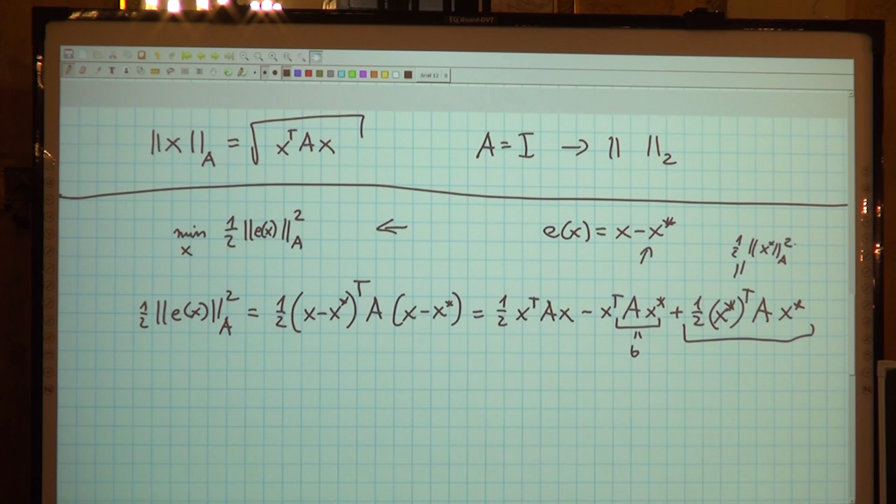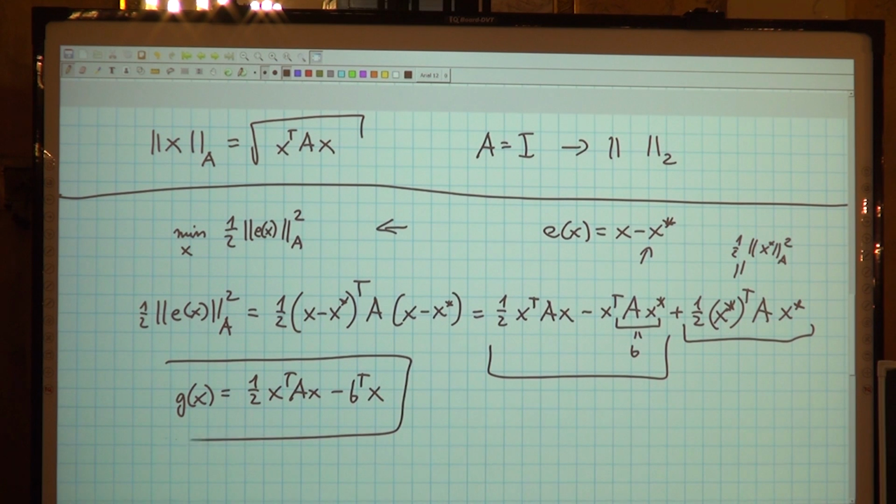So if instead of minimizing this function directly, I minimize a function g of x, which is just everything that depends on x here, then clearly I can evaluate this at every point. And the minimizer of that is exactly the minimizer of the original function.